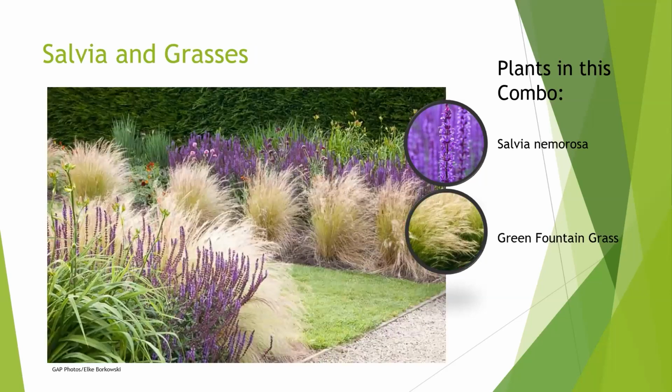Okay. Again, salvia with grasses. Green fountain grass works really well. You want to be careful with green fountain grasses, especially the perennial grasses, because they will reseed. And so if you don't mind that, then plant them.